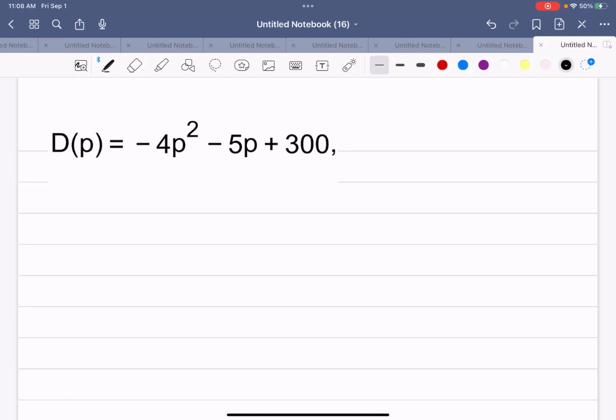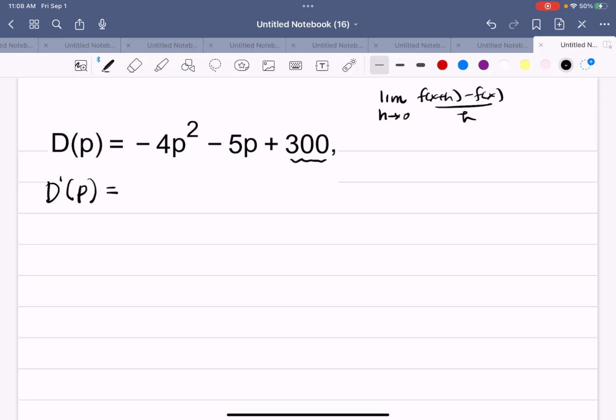So here's our function. D of p equals negative 4p squared minus 5p plus 300. Now remember, we could do the difference quotient on this, the limit as h goes to 0 of f of x plus h minus f of x over h, and that would give us a formula for d prime of p. But now that we know that there are some shortcuts, we'll do the shortcuts. I'm going to start over here at the 300 because that's the easiest.